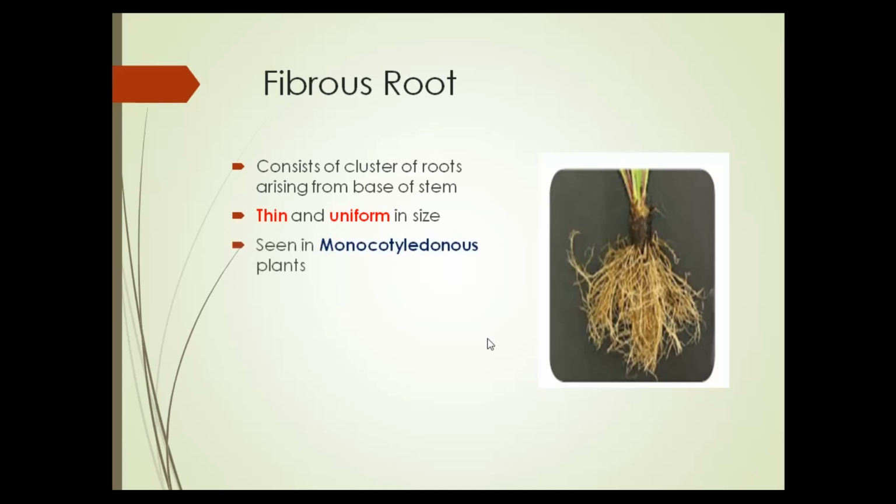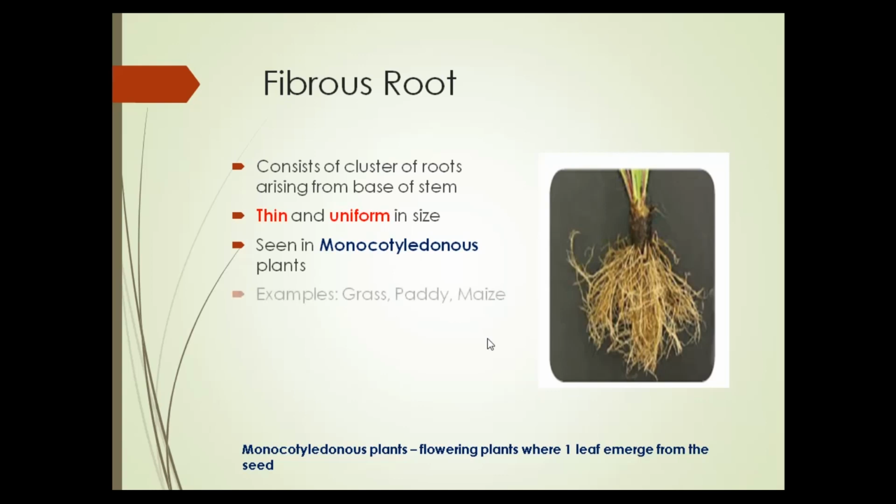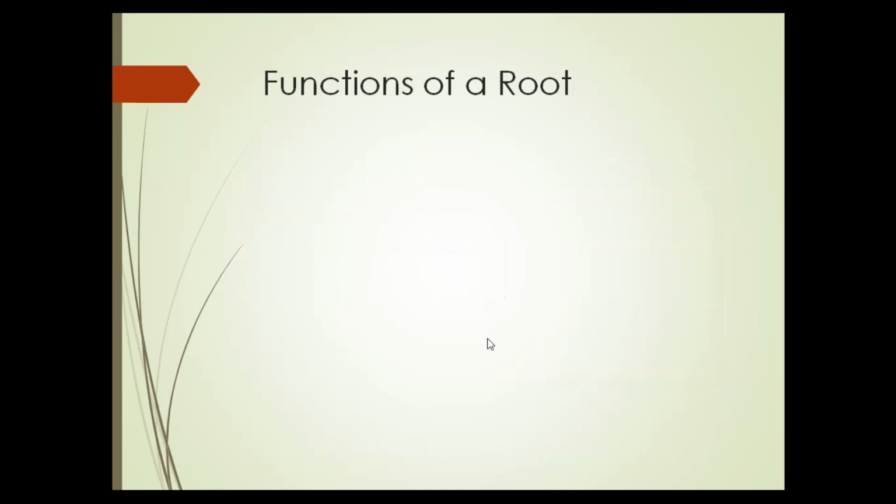These are typically seen in monocotyledonous plants. Now, what is monocotyledonous? Flowering plants where only one leaf emerges from the seed. Examples of these types of roots are found in grass, paddy, maize, etc.